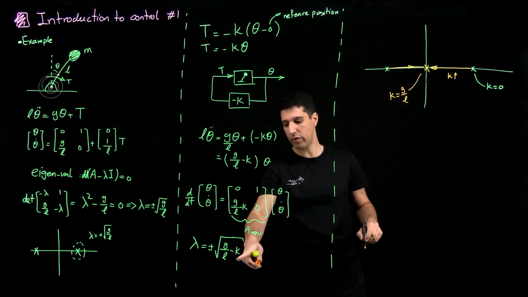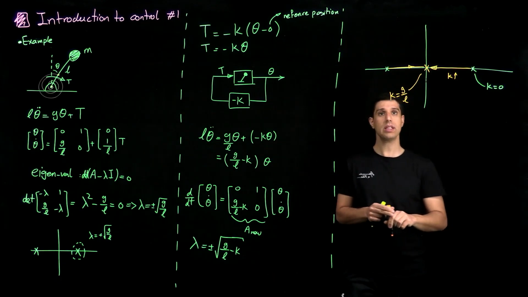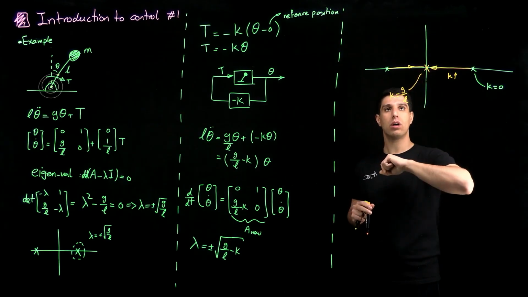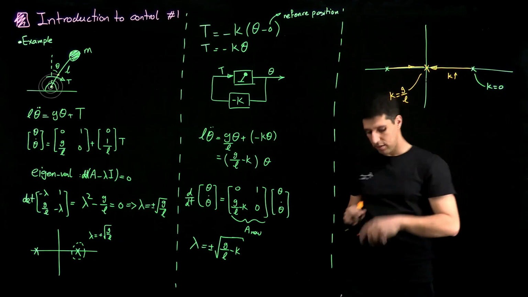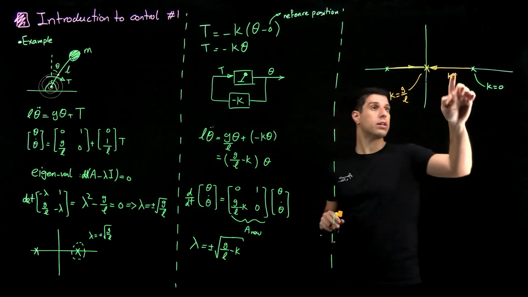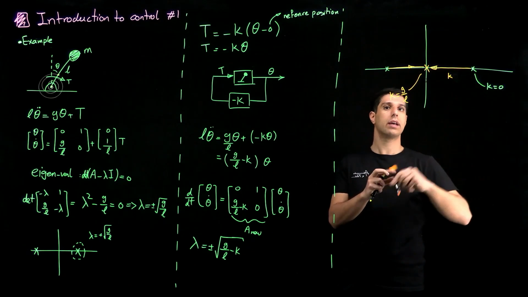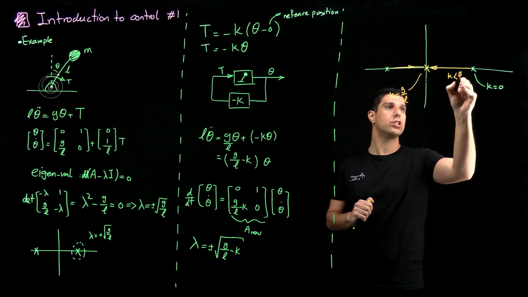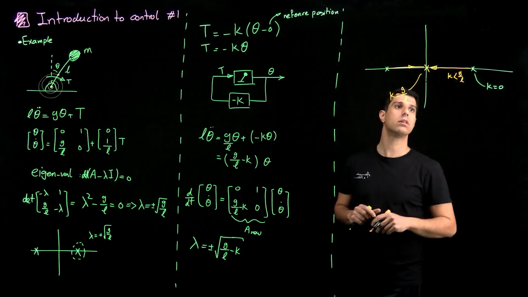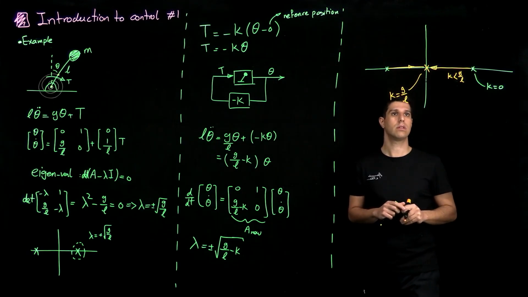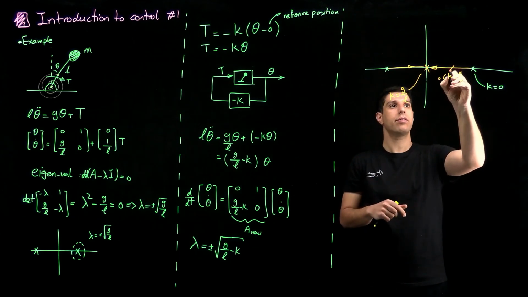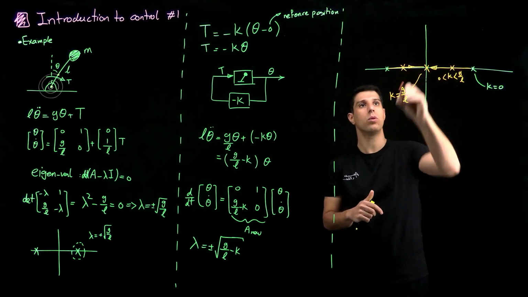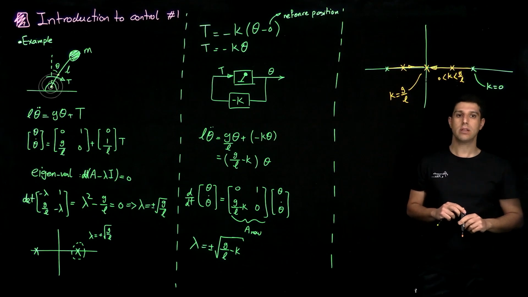So if K is G over L, my two poles are at the origin. Anything between that, K less than G over L but bigger than 0, I still have one unstable pole and my system remains unstable.